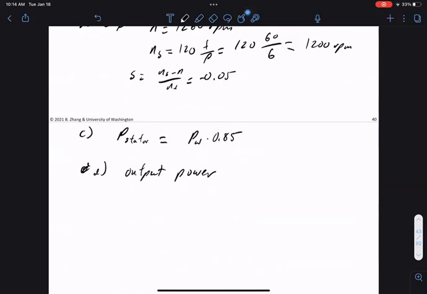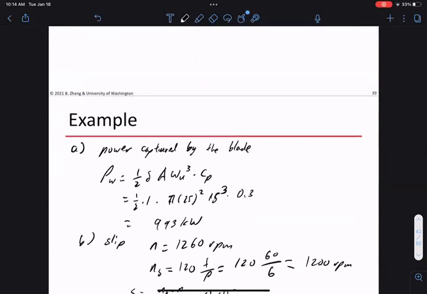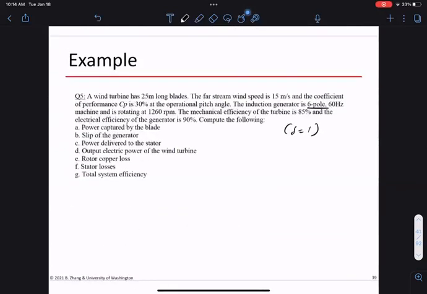How much power do we get out of it? So let's do that. Actually, do we have enough?